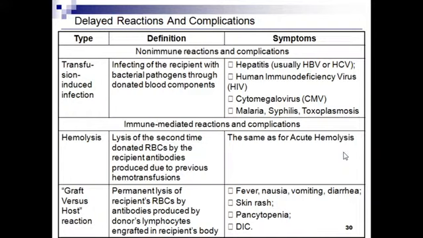During repeated transfusion of erythrocytes, the recipient's body can produce delayed hemolysis. Clinical presentation is the same as for acute hemolysis, but the hemolysis happens a few weeks or a few days after transfusion.